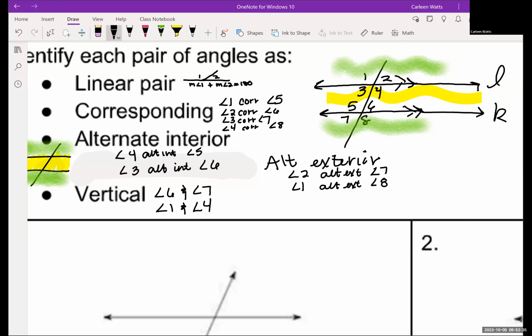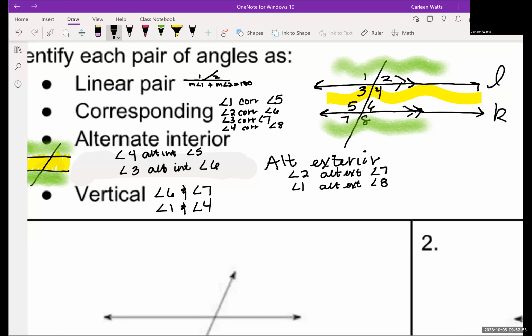So notice corresponding, alternate interior, alternate exterior: one is on each, like one's on L and one's on K. Linear and vertical are on the same line.